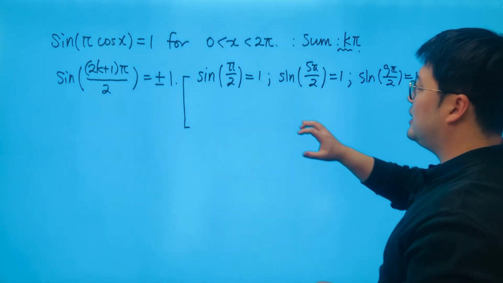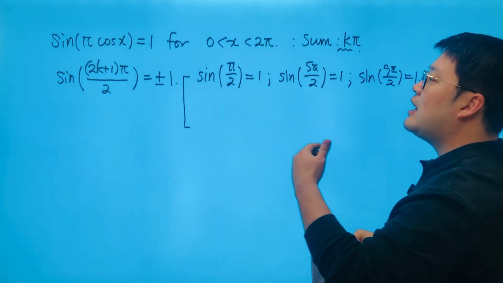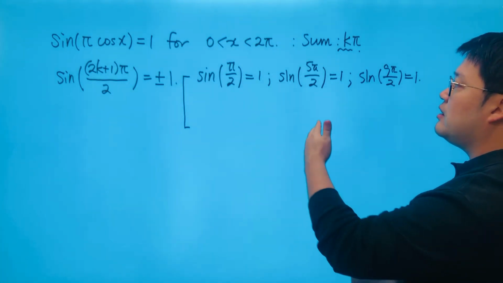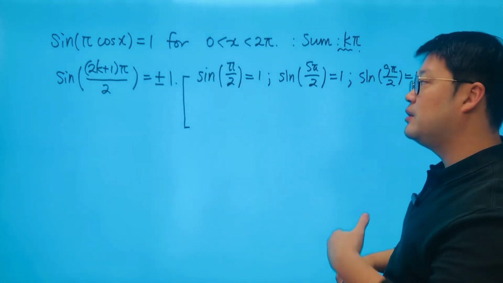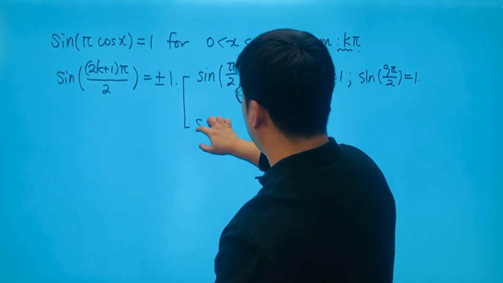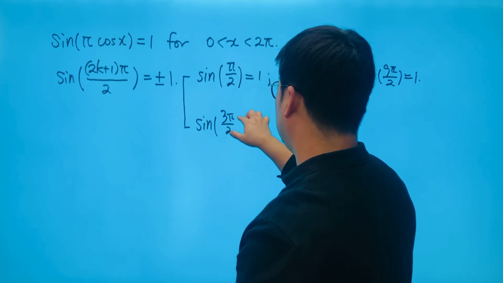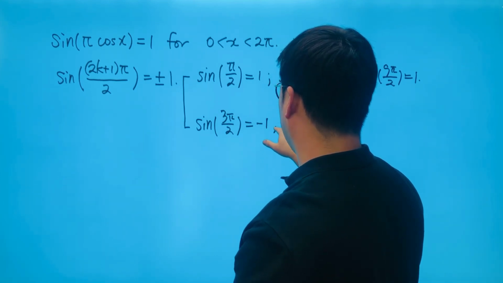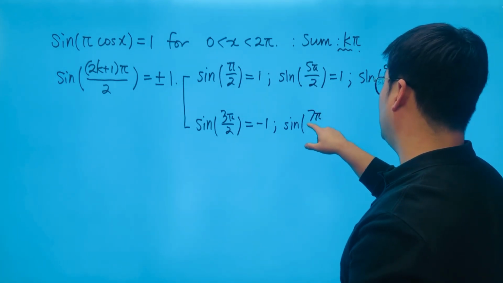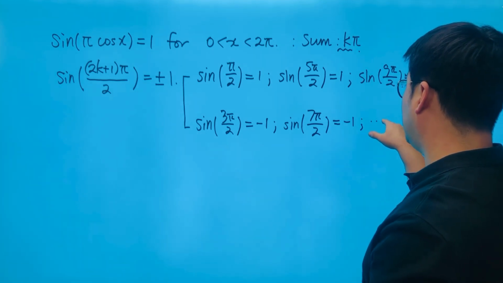In other words, if you divide the numerator by 4 and have a remainder of 1, then it's great. Or you can get negative 3π/2, negative 7π/2, and so on. But at the same time, sin(3π/2) equals negative 1, and sin(7π/2) equals negative 1, and so on in that order.